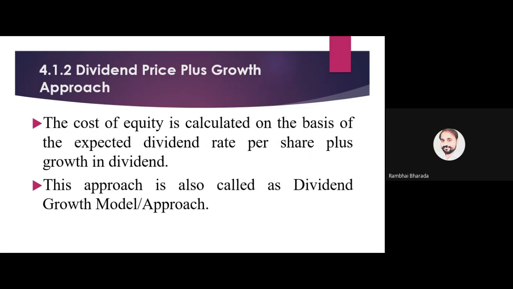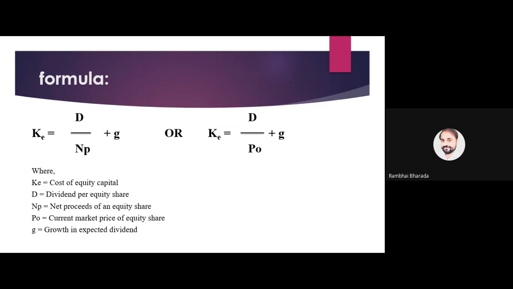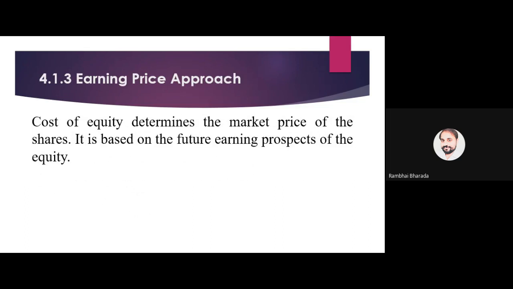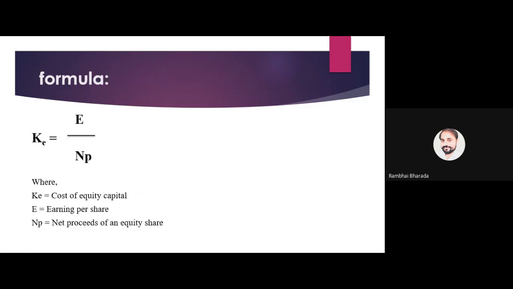The next one is the dividend price plus growth approach, in which dividend is there plus additionally, as a company expands, a rate is given to you that represents the growth in dividend. We call that G. D divided by NP remains the same, plus G. The third method is the earning price approach, which means cost of equity is equal to EPS, earning per share, divided by NP. Whatever answer you get is considered the cost of equity capital.